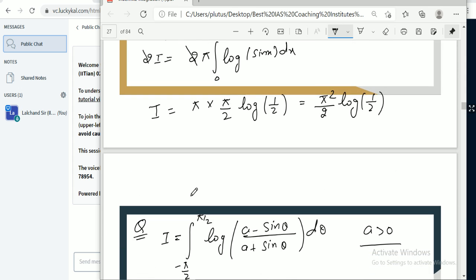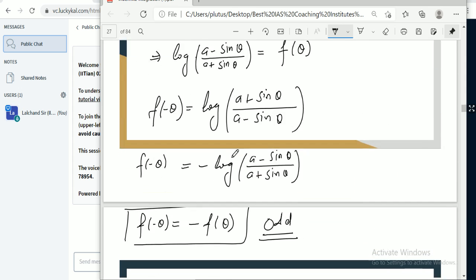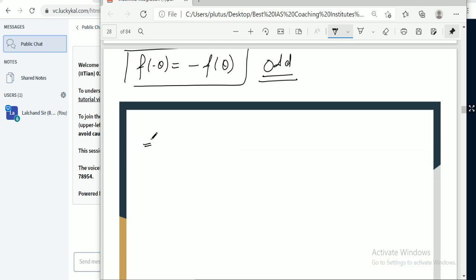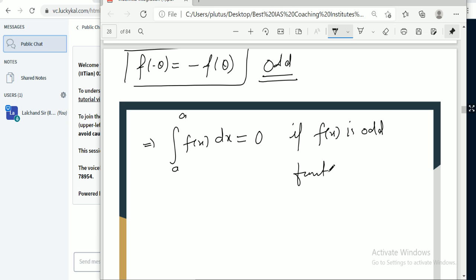So now if I apply the property of even and odd functions, I can say the integral from minus a to plus a of f(x) dx is equal to 0 if f(x) is an odd function, isn't it?